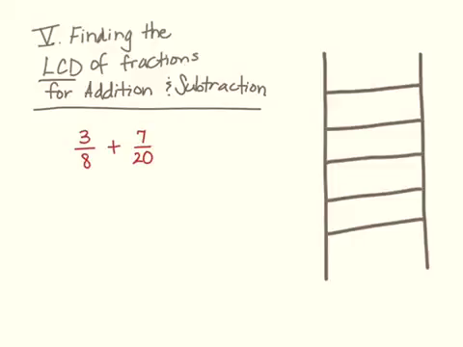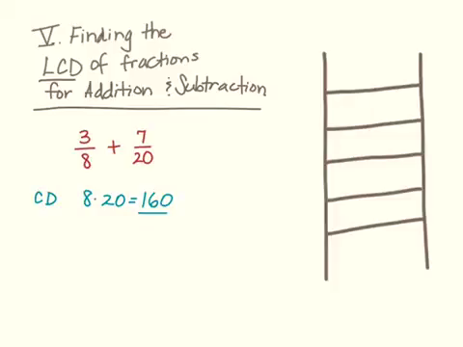We don't necessarily have to have the least common denominator. Actually, the easiest common denominator to find is just the product of the two denominators. So we could easily use 160 as our common denominator to add 3/8 and 7/20.